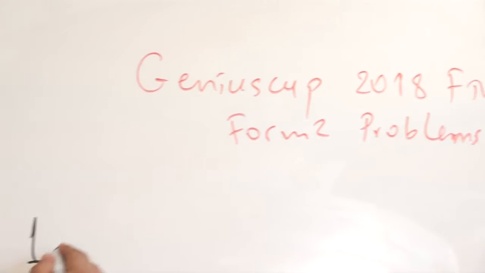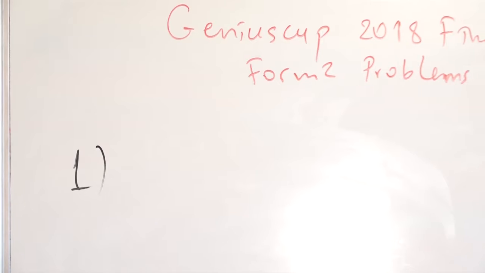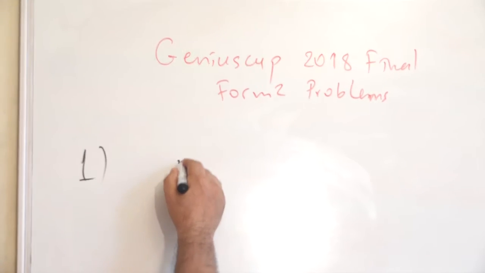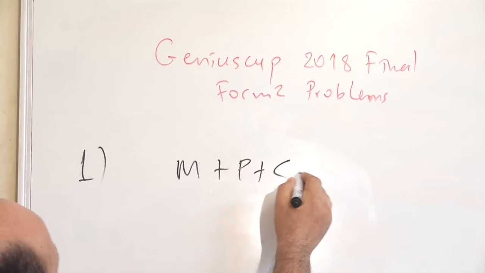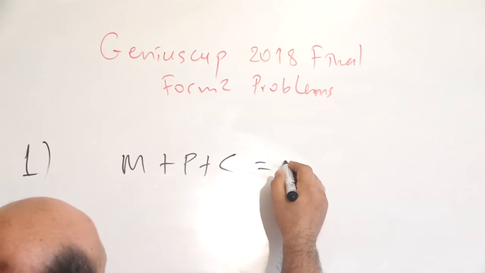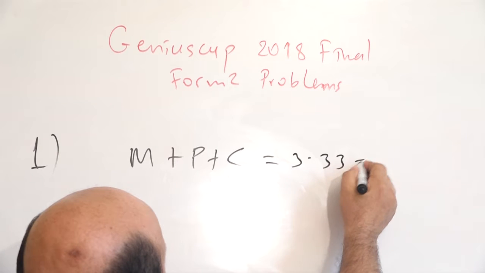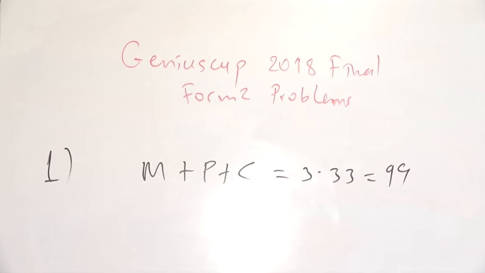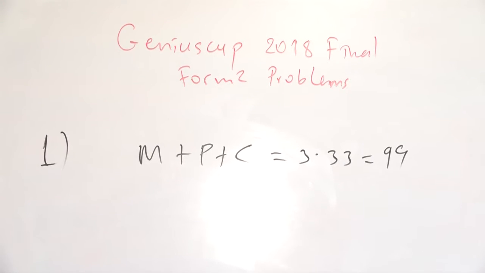In question number 1, the average of scores in 3 subjects is 33. If we take these 3 subjects as mathematics, physics and chemistry, the sum will be 3 times 33, which is 99. And the average of the scores in 2 subjects is 16.